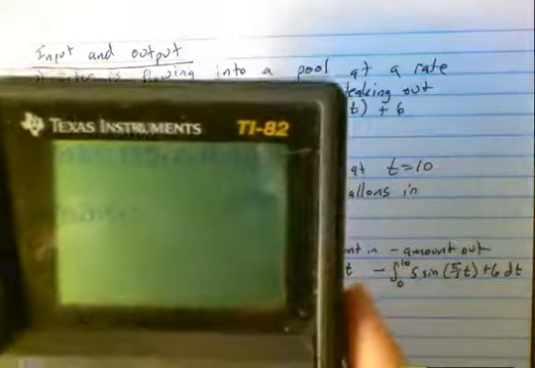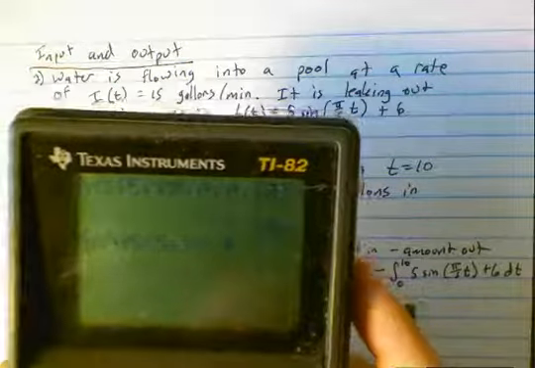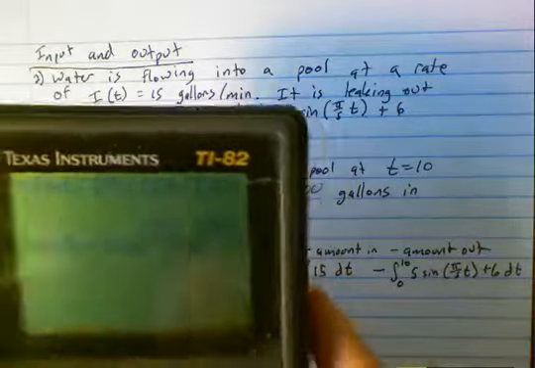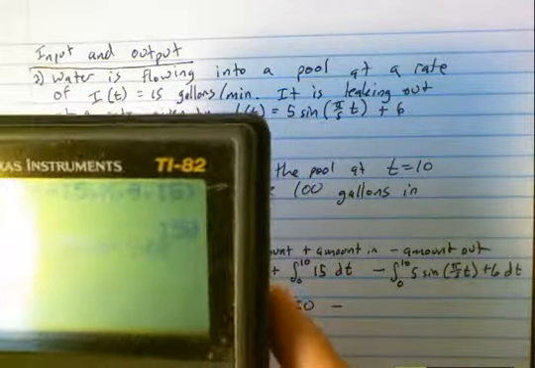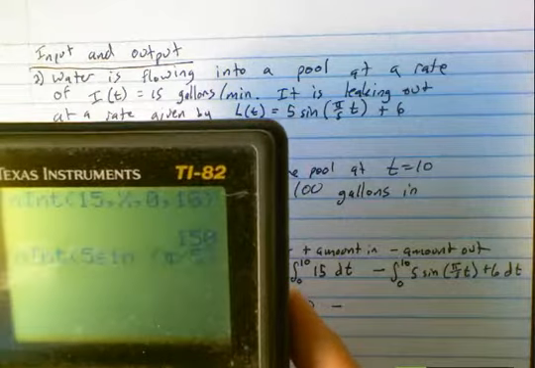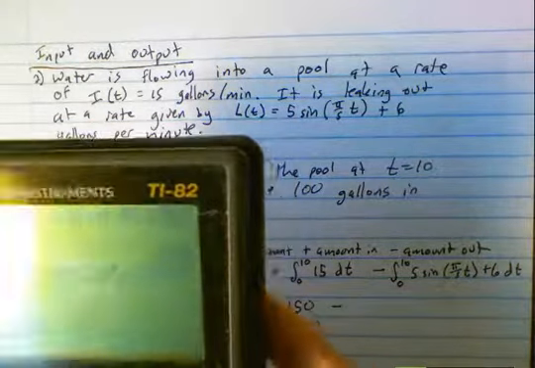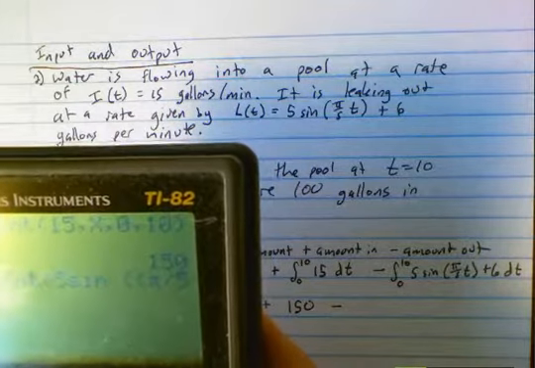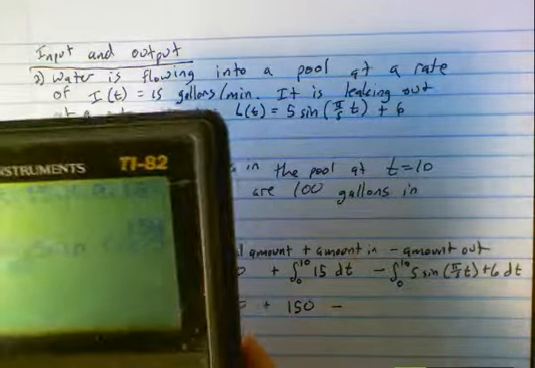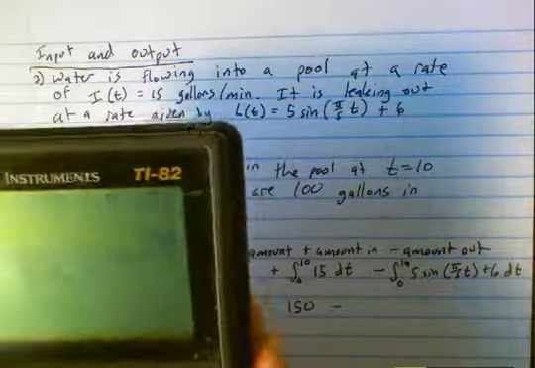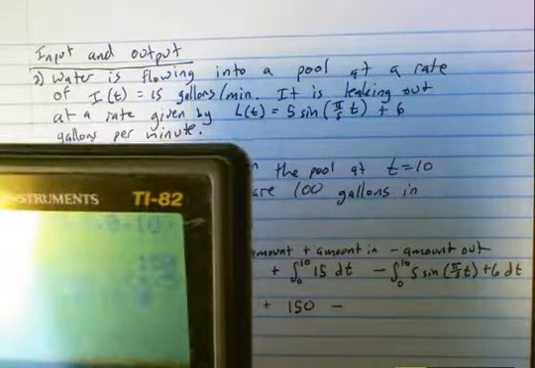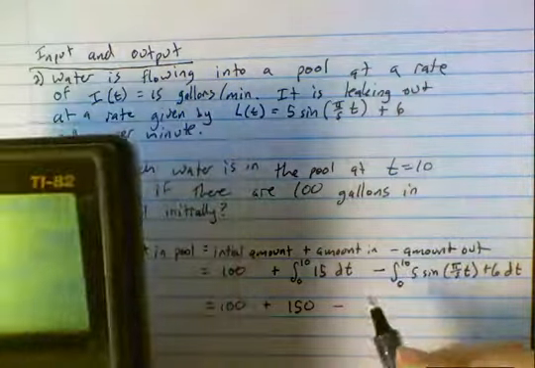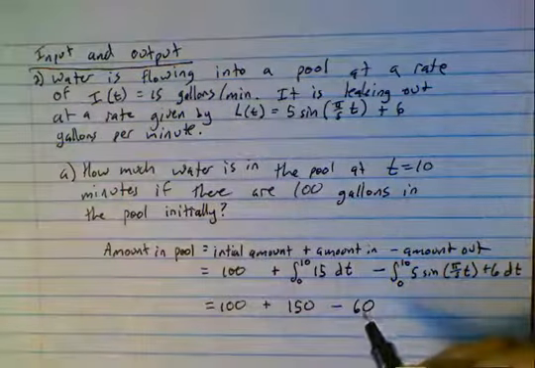Math 9, 5 sine of pi divided by 5, need another parenthesis, times t plus 6, variable is x from 0 to 10, 60.